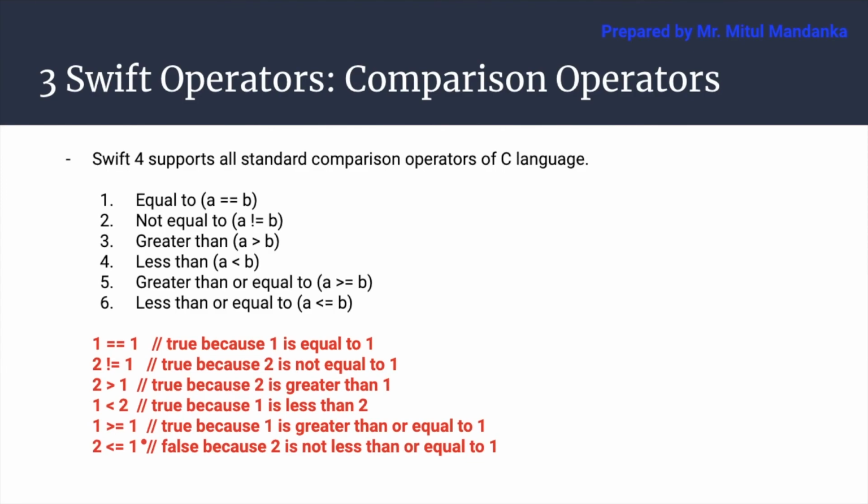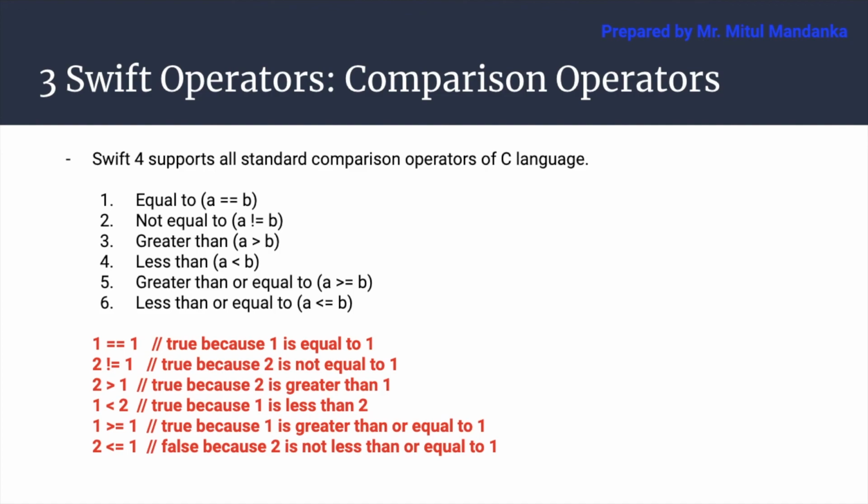In the same way, less than or equal to is the advanced version of point number 4, less than, where a is less than b. So if the value of a is less than or equal to the value of b, this condition will give a true or false output.